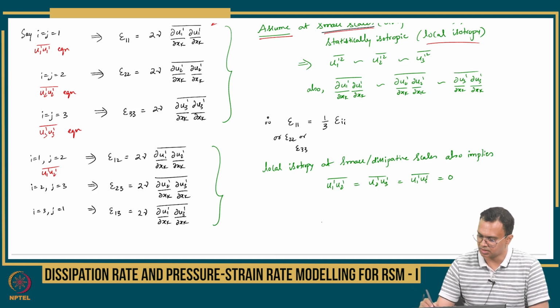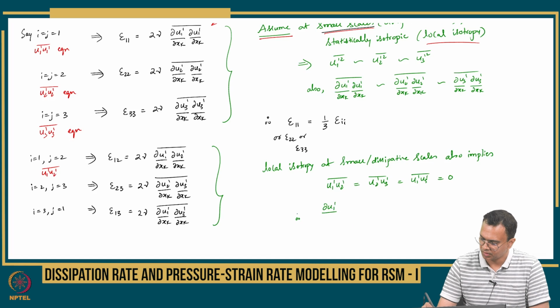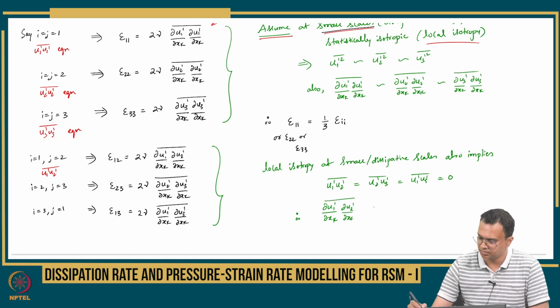If this occurs, then this particular term, dou u1 prime by dou xk, dou u2 prime by dou xk average, and 2 nu dou u2 prime by dou xk, dou u3 prime by dou xk, and so on, will essentially go to 0.